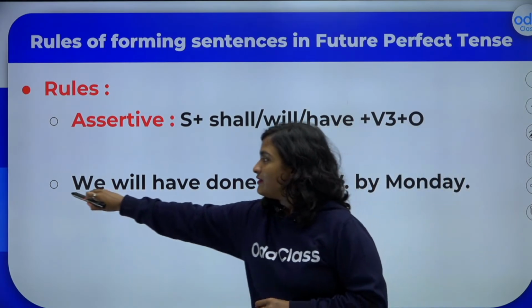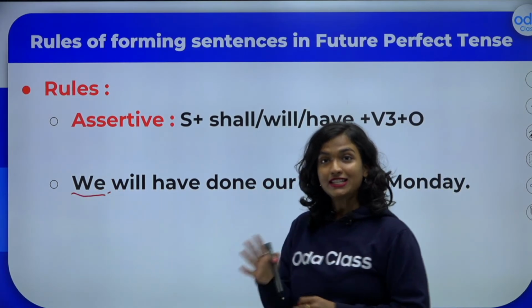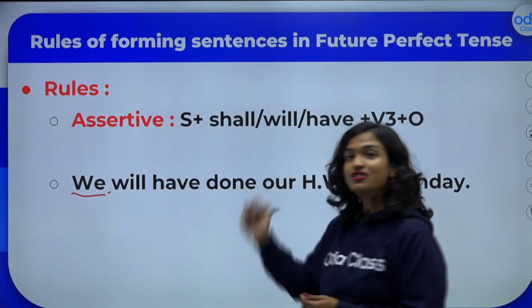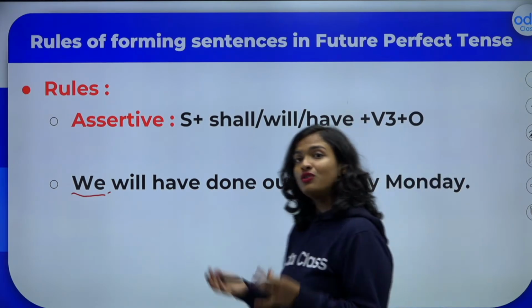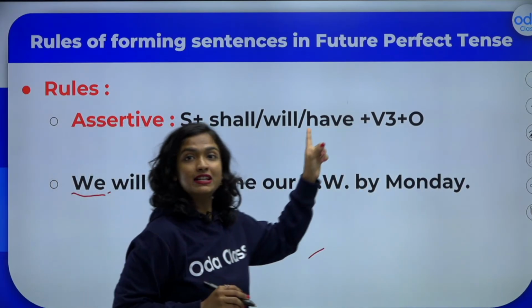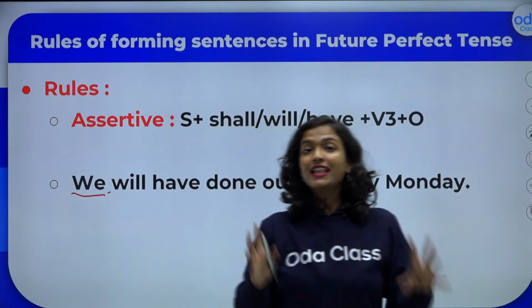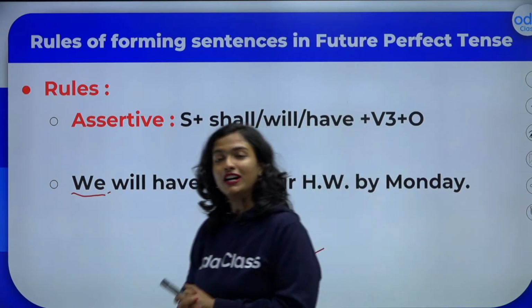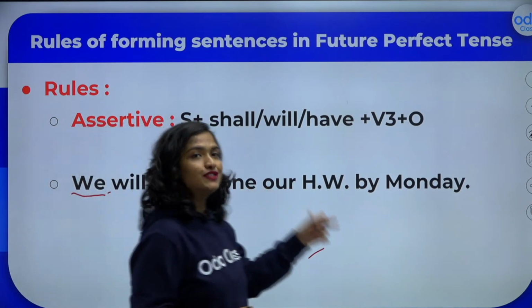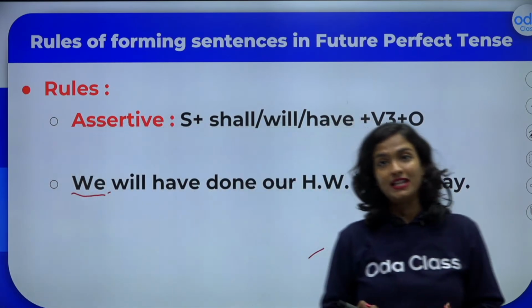First of all, we have our subject, in the assertive, declarative sentences. Subject followed by shall or will, followed by have, okay. So we use shall or will along with have, and then we use the third form of our verb followed by the object. So we will have done our homework by Monday.